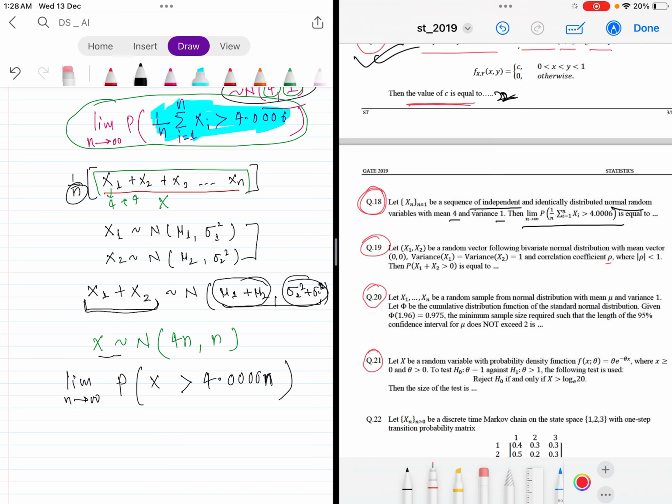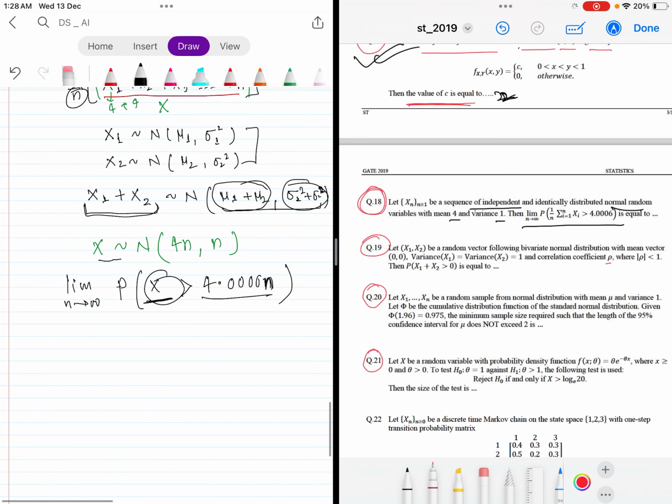So X is again normally distributed with mean 4n and variance n, and we have been asked the probability that it is greater than 4.0006 n.